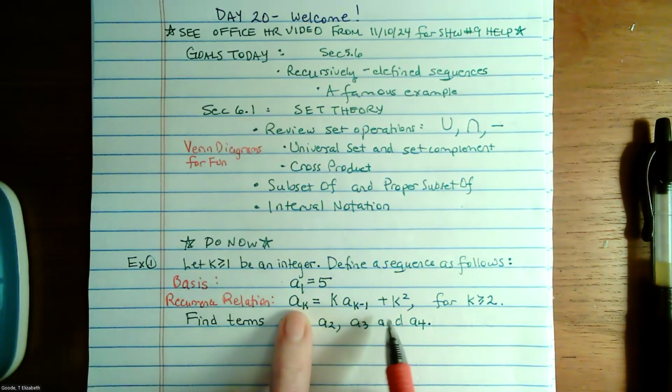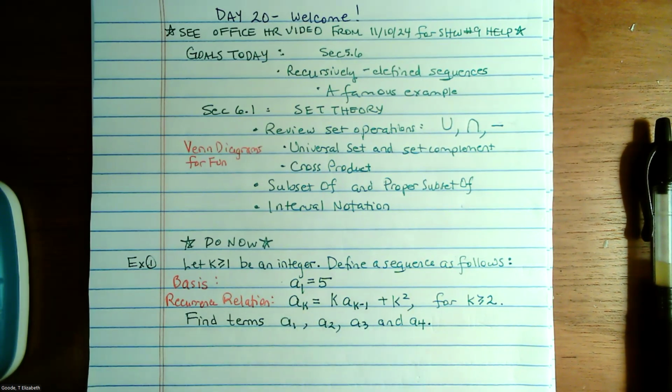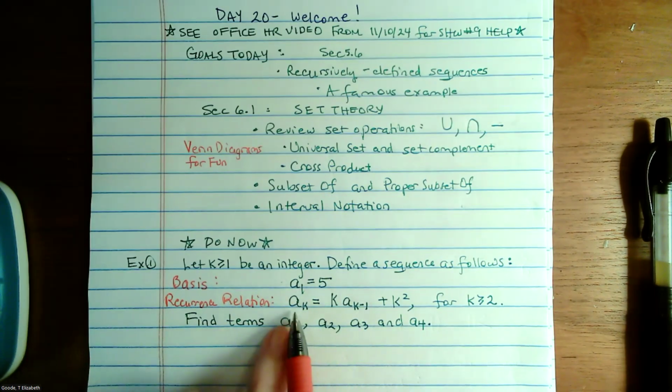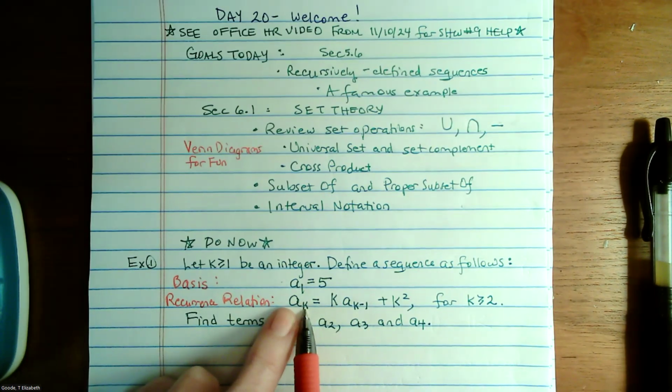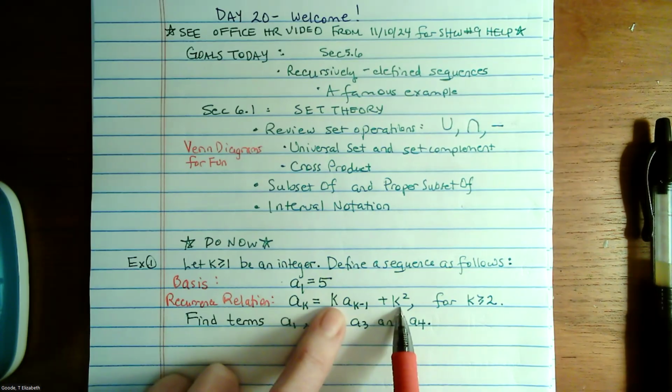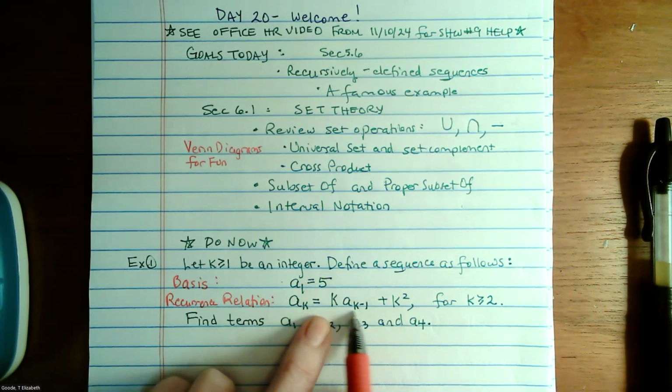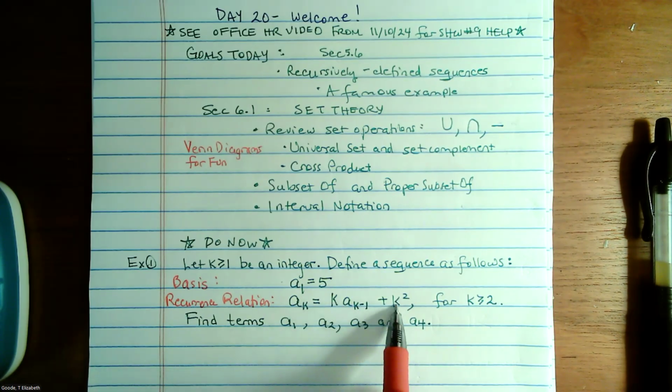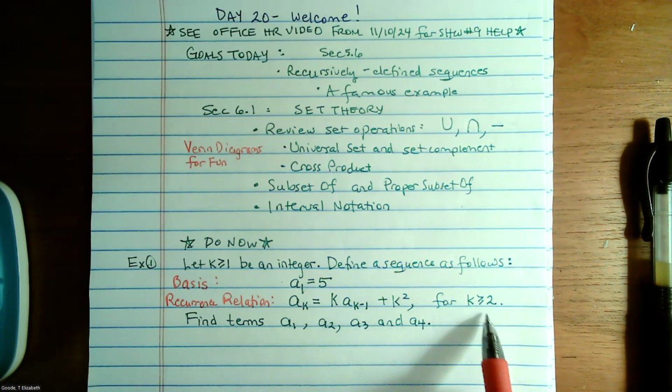And all recursively defined sequences have something in common. To look forward, we look backwards. So to figure out what A sub k is, folks, we have a formula that involves the prior term, A sub k minus 1. Notice this formula also involves the integer k, and this starts with k greater than or equal to 2.